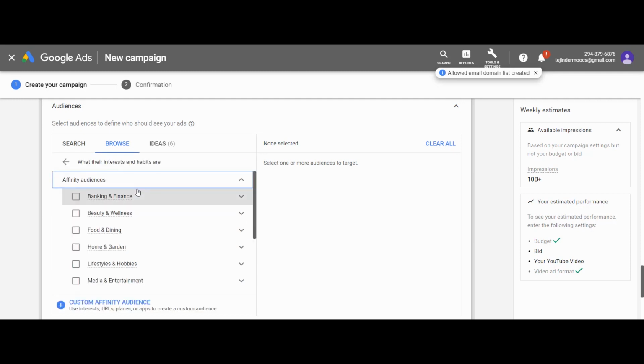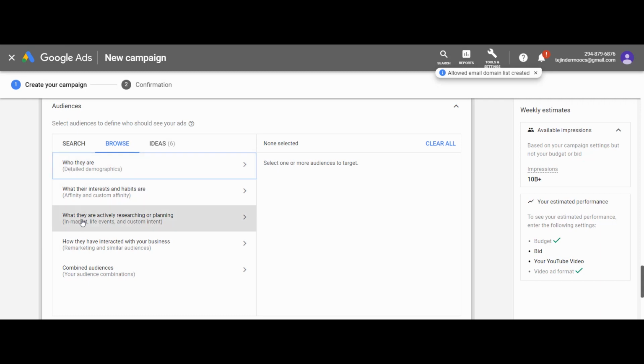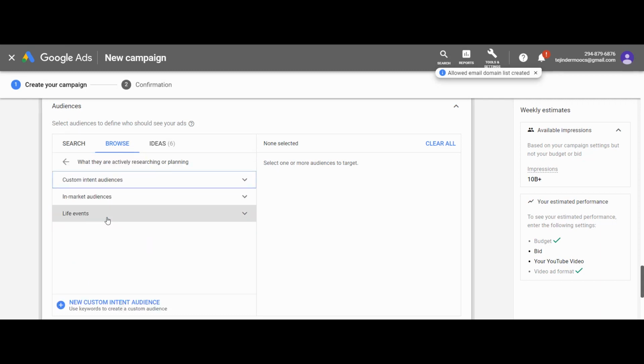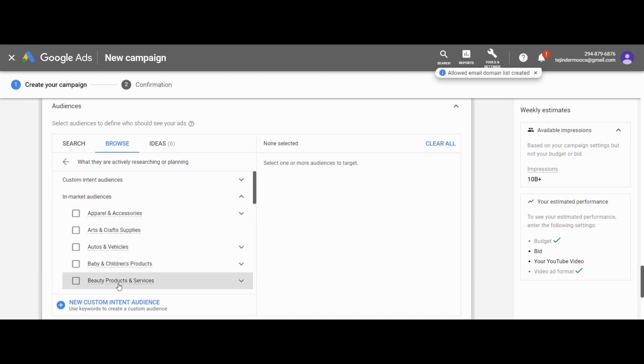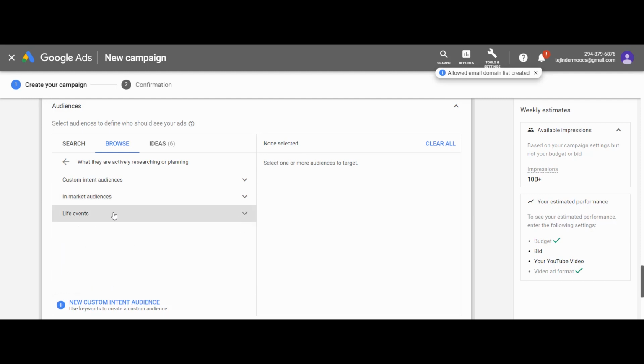There are multiple categories to select from, and you can narrow down your audience by selecting an appropriate category. A third category is in-market audience, representing what your customers are searching for or planning to buy. You can select an appropriate category from here depending upon your product and brand.